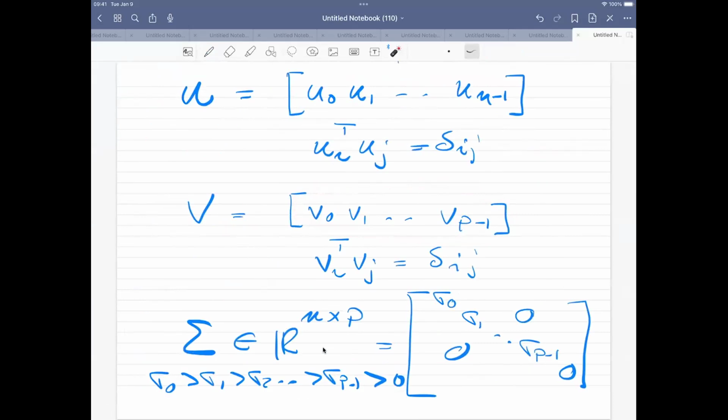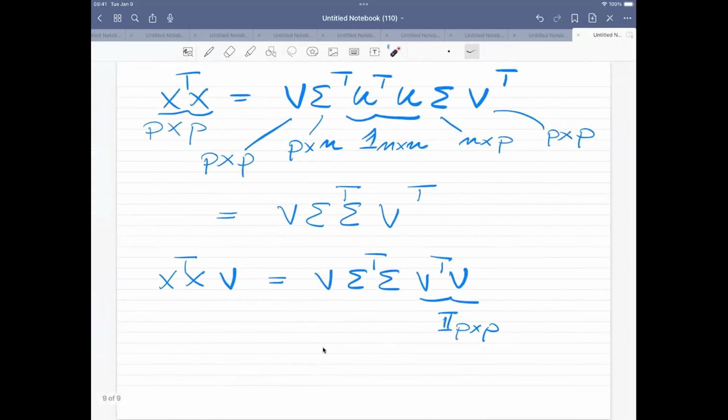Okay, so when I'm now multiplying with this V here, it means I can take vector by vector. And if I pick one vector, what I'm going to get then is X transpose times X times a vector v_i. And that is obviously the vector v_i times sigma_i squared.